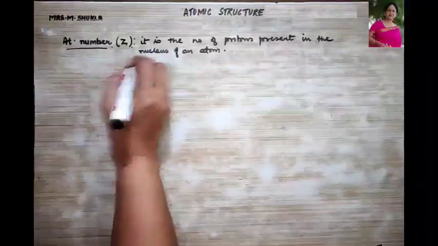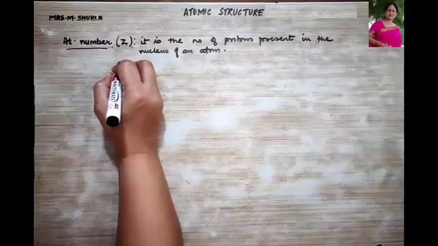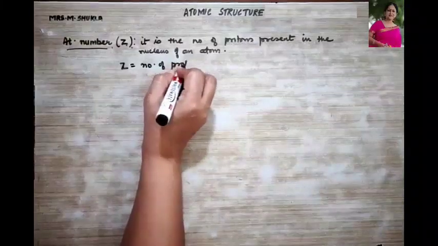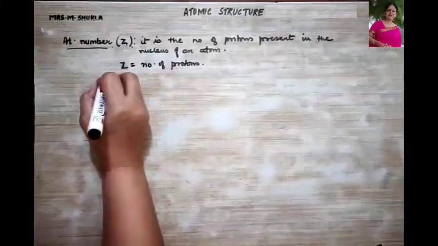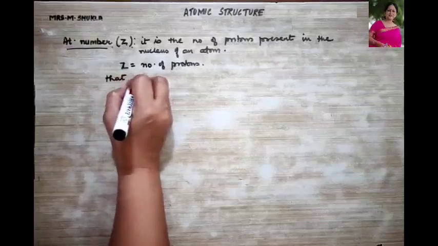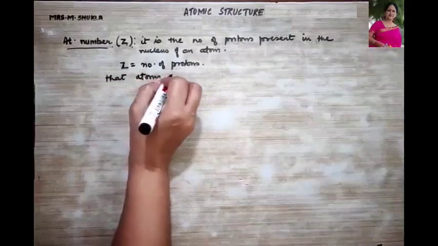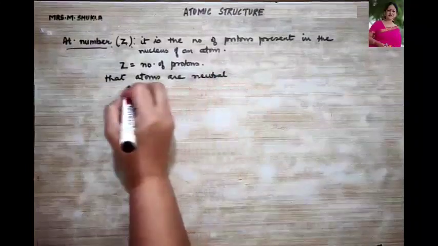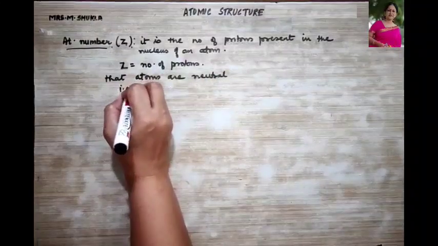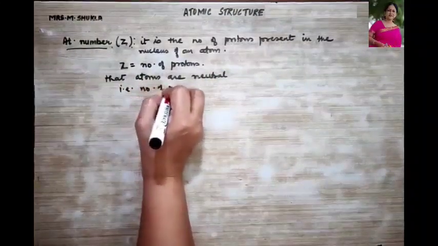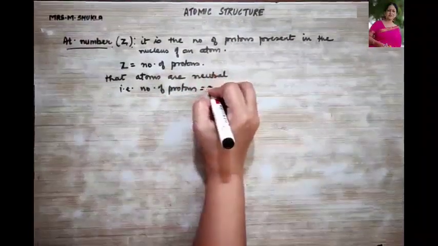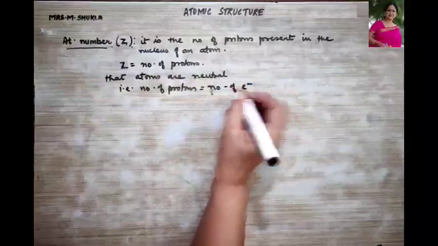And I also said, as it is written, that atomic number is equal to number of protons, and we know that atoms are neutral. What does atoms are neutral mean? That is number of protons are equal to number of electrons.